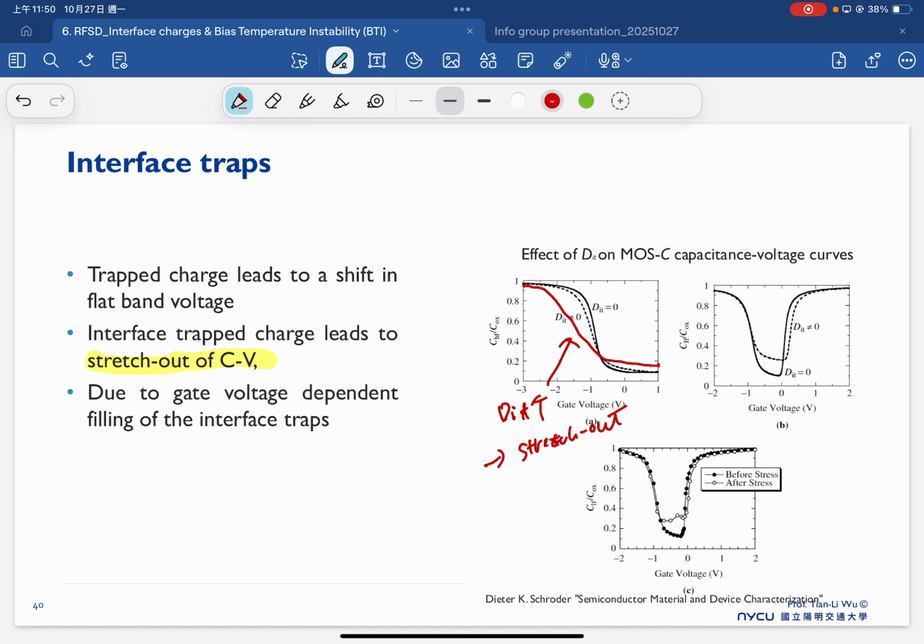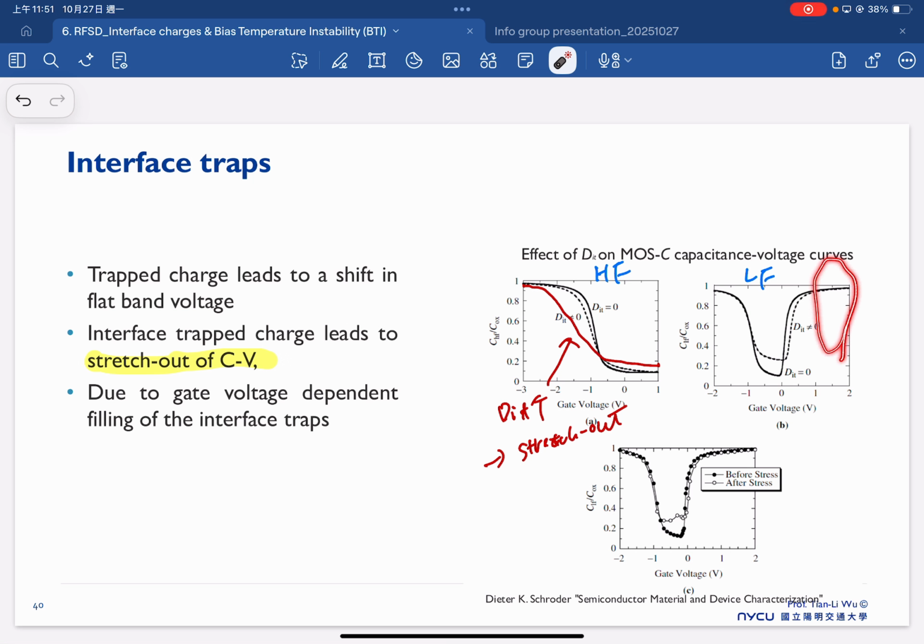This is a case with high frequency and low frequency. The reason why the high frequency is low and the low frequency is high, you should look at the semiconductor textbook. They will tell you. And the bottom one is also very obvious.